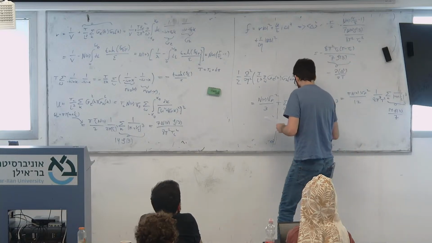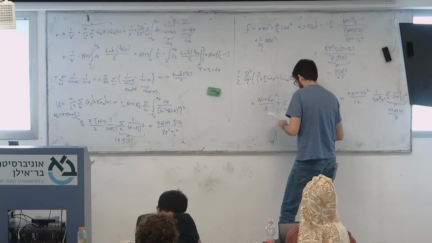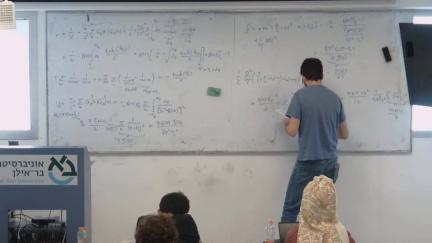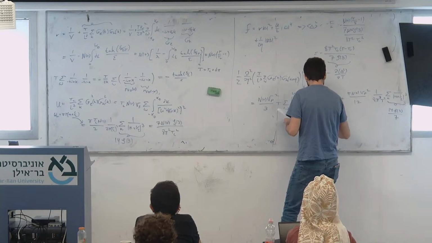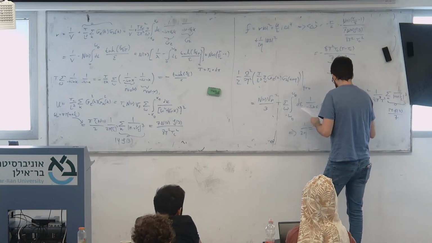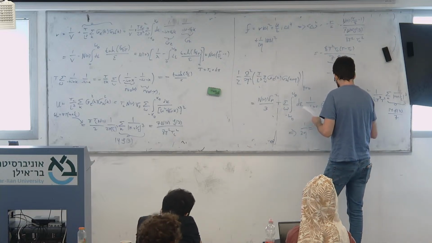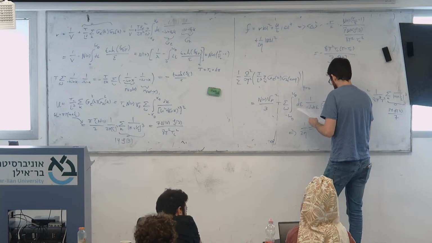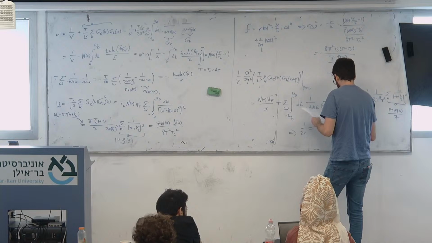And therefore we get that 1 over 2 eta is equal to 7 zeta of 3 v_F squared n(0) divided by 48 pi squared T_c squared.